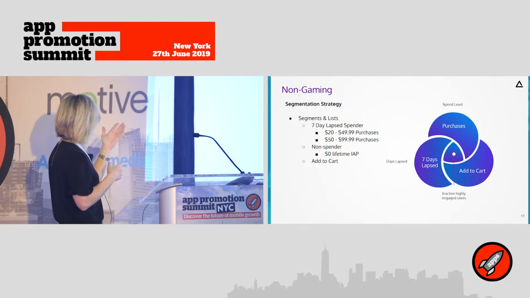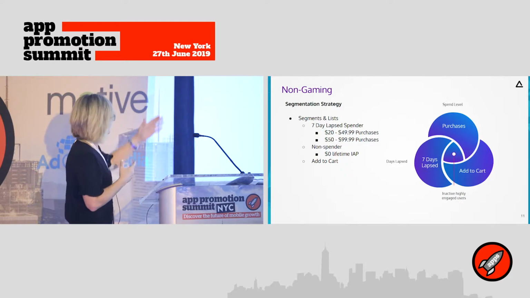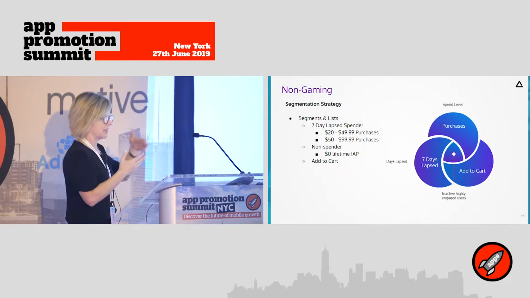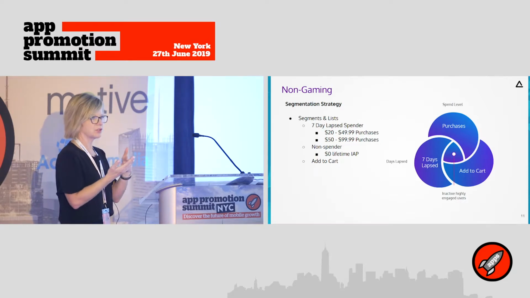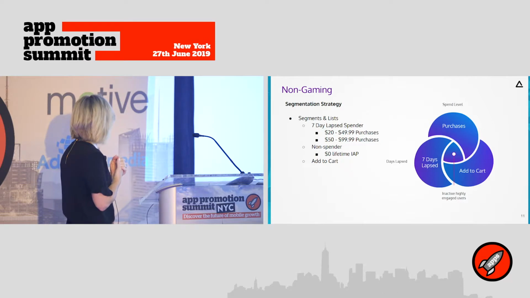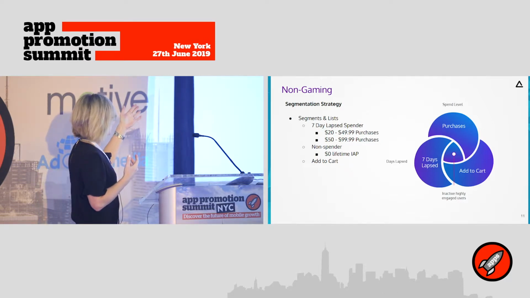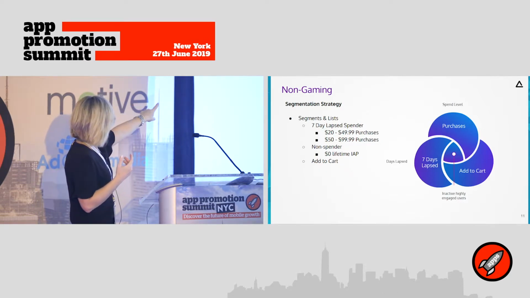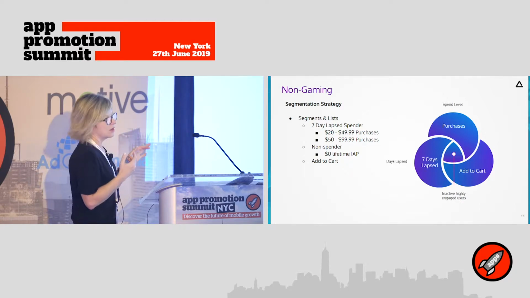Similarly to gaming, you can also say, if you've got the browser user who's downloaded your app and you're a commerce app and they're looking and they're shopping and they never buy, you can target them with the right message. And what's really exciting with mobile, going back, the last point is add to cart.